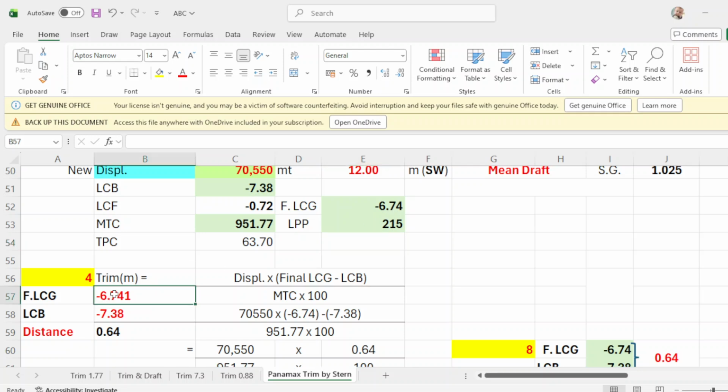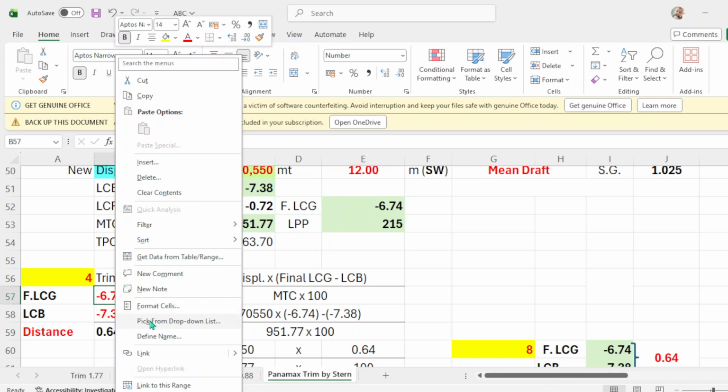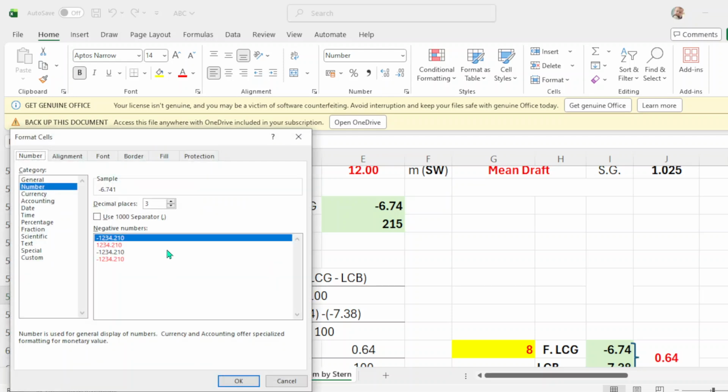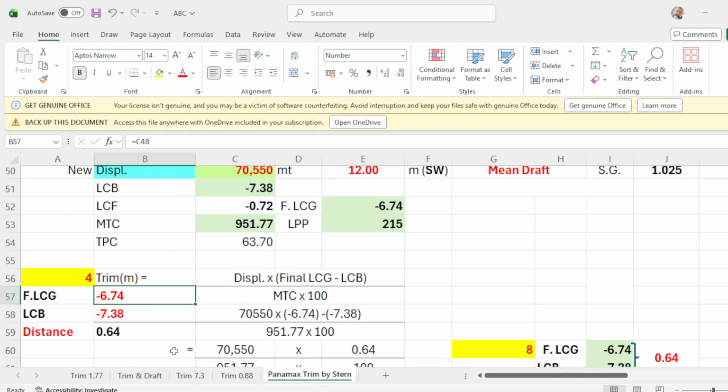Okay, 6.74. And your LCB is negative 738. Okay, you subtract this one and you have a distance of 0.64.